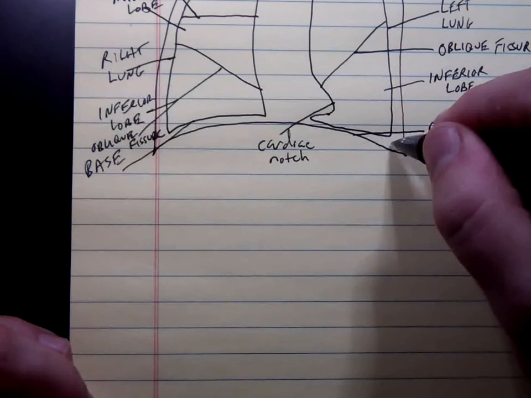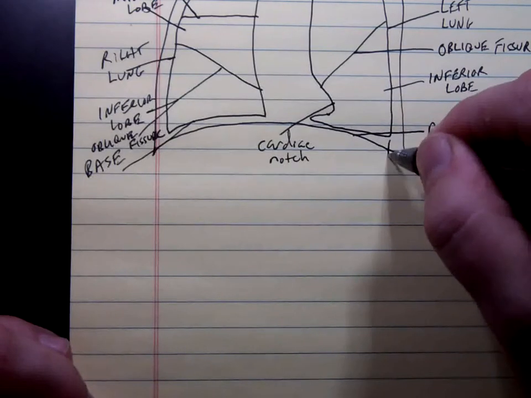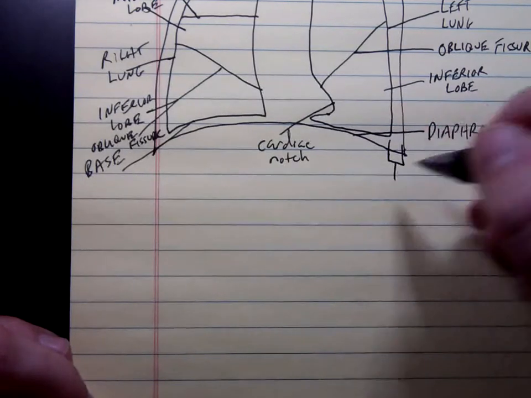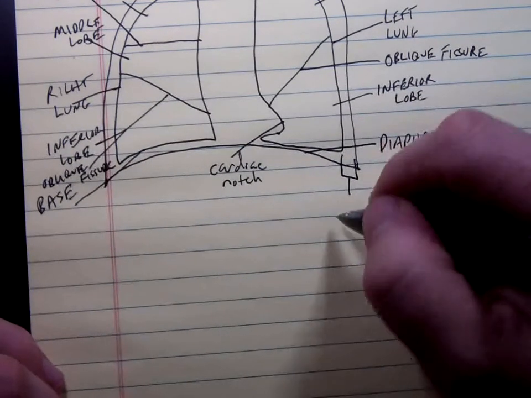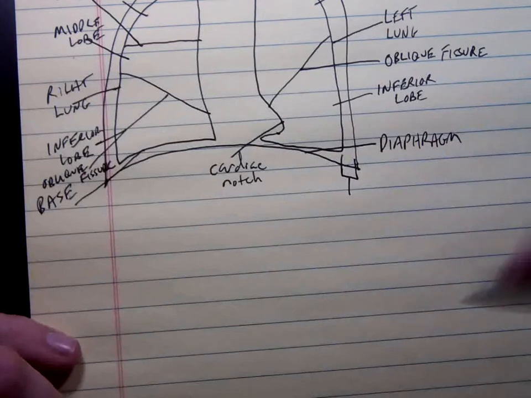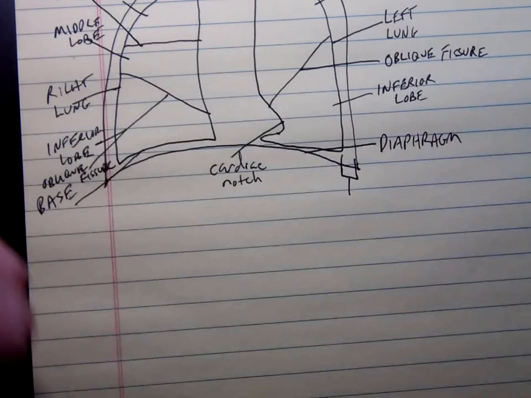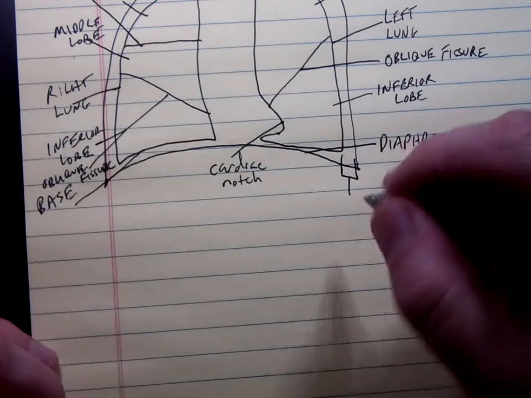All right, this space right here, okay, the space between the lung and the chest wall is called the pleural cavity. Not spelled like plural, like more than one in English, P-L-E-U-R-A-L.